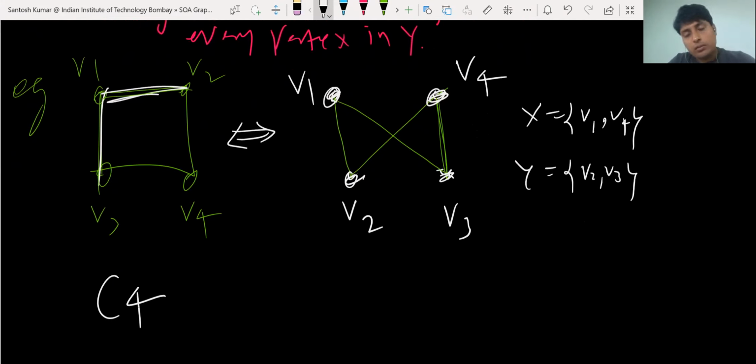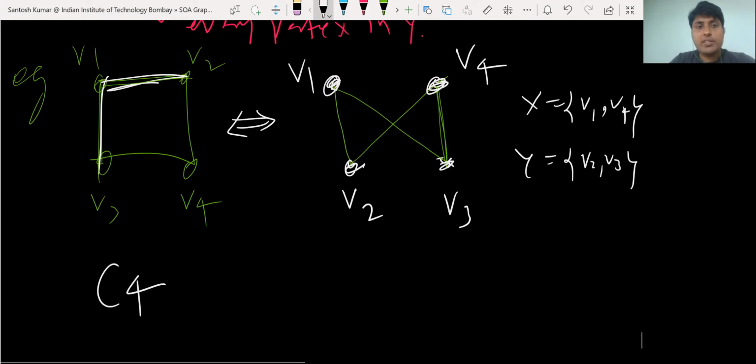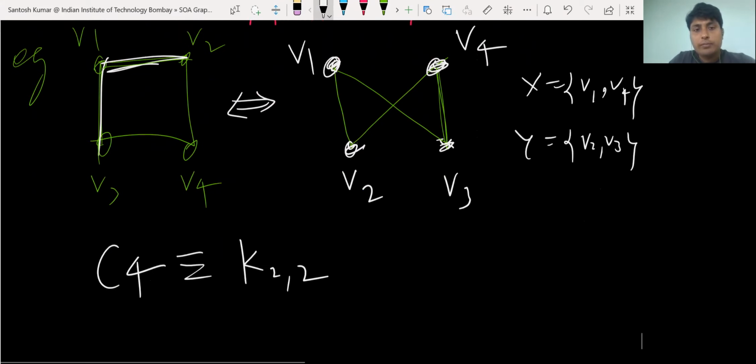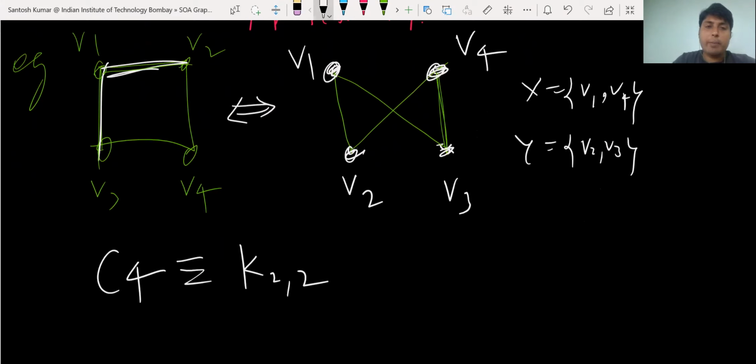C4 is a cycle with n vertices or n edges, and this is equivalent to K22. K means complete bipartite graph, and 2, 2 means one partition has 2 vertices and the other also has 2. The main purpose is to draw the adjacency matrix.